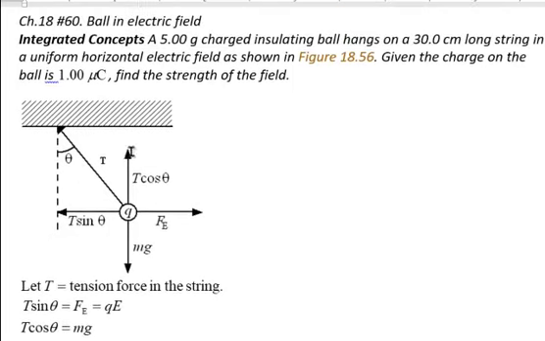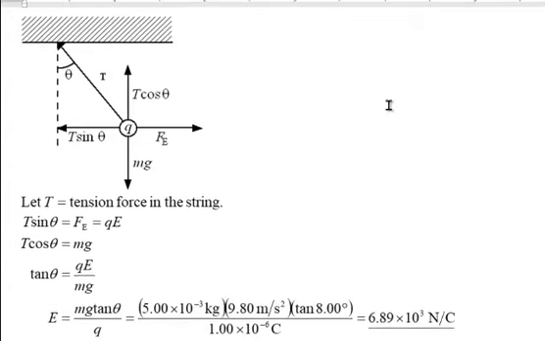I don't like in this particular problem that they use the capital T for tension. I would use FT, force due to tension. That's what I would do. And then FE here, well, that would be the Coulomb force, but it does make sense to call it the force due to the electric field. And you find this equation in the book: charge times electric field. That would be in the horizontal direction.